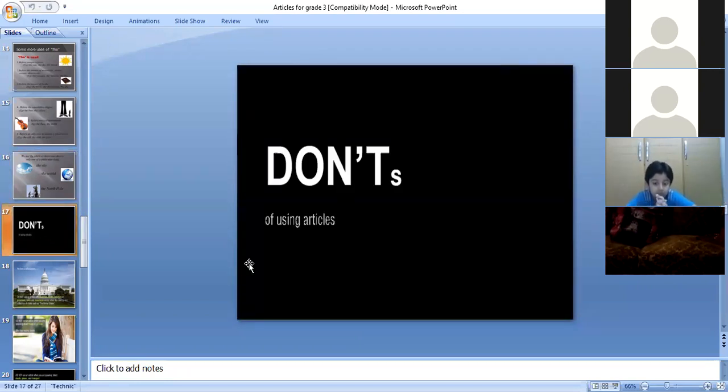Okay, now we have learned about different uses of the definite article, where we have to use the. Dear children, there are some rules, some things where we are not supposed to put the. Otherwise, your sentences will be wrong. So let's study when not to use an article.